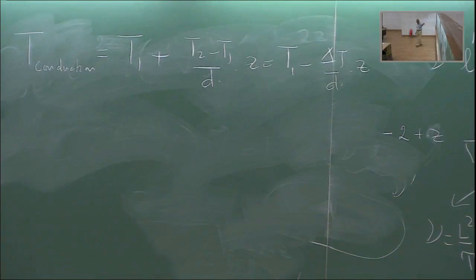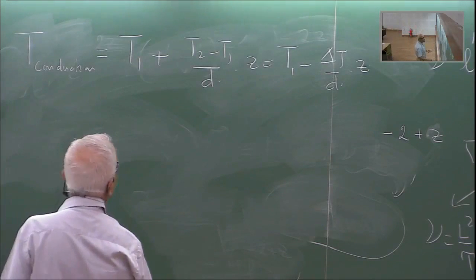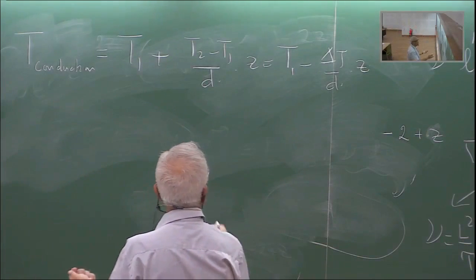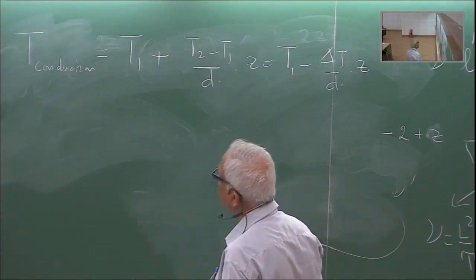The heat conduction satisfies the diffusion equation, and in this only Z-dependent geometry, it's a linear profile that you have. So you want to look at the difference from this linear profile.